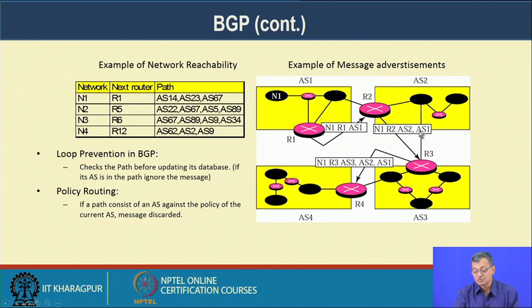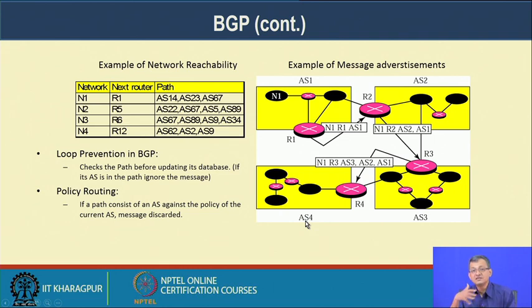The AS is AS2, the next AS is AS1. So, that means anything going from here looking for N1 knows that the next router will be R2, right, and it has to travel by AS2 and AS3. Similarly, here if anything goes to N1, the next router is R3 and it goes through AS3, AS2 and AS1, right.